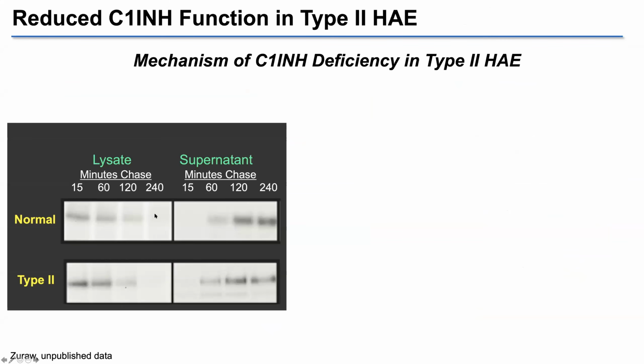So one way to understand what's going on in HAE C1 inhibitor is to study the mutant proteins. And that's what we've done in this slide, where we just transfect cells with either wild type or normal C1 inhibitor, or in this case, a type 2 mutant C1 inhibitor protein, and then look at, in the lysate would be the protein being made, and it's still within the cell, and over time, it's secreted into the supernatant, so you can see it appearing here outside the cell.